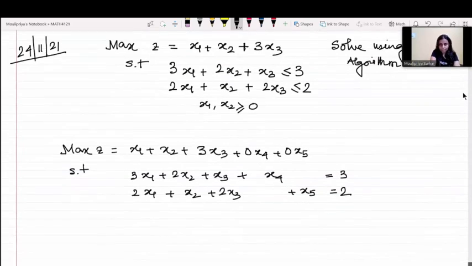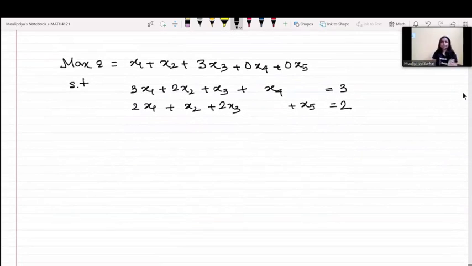Now what is to be done? We will be required to draw the simplex table. So what about the columns?